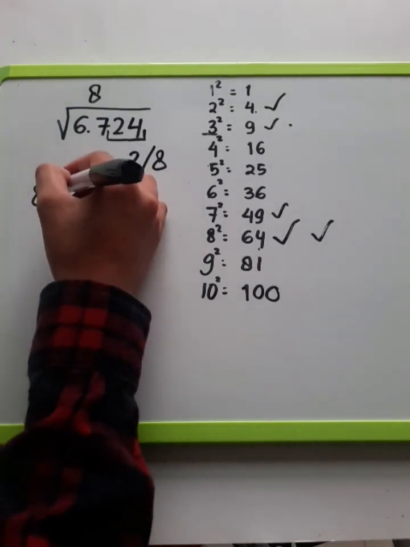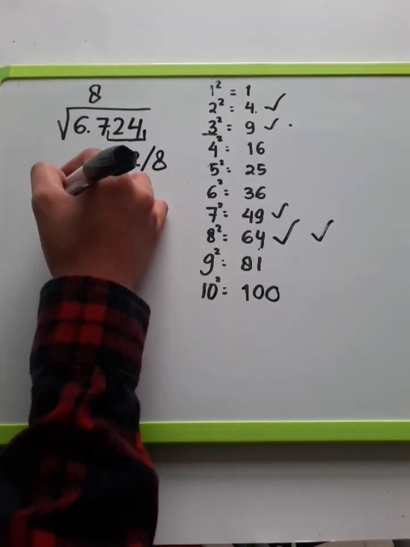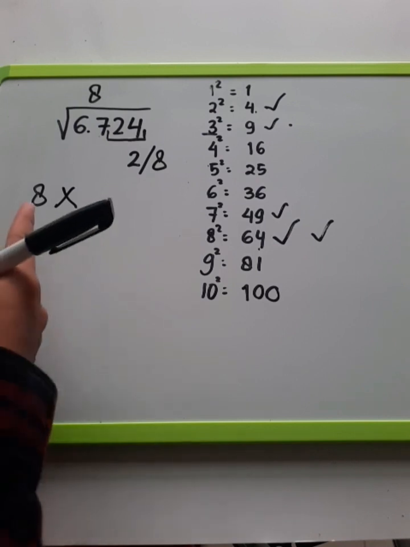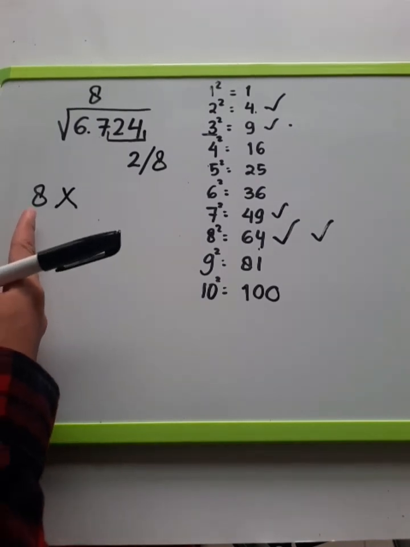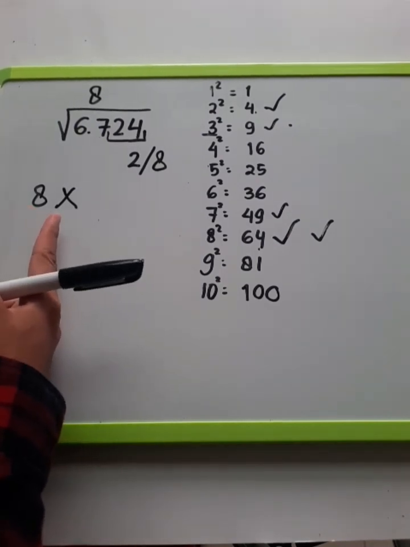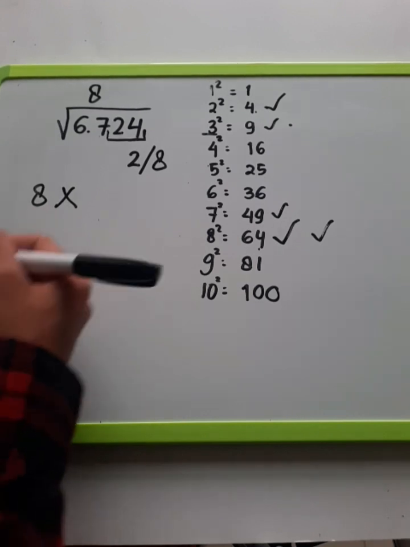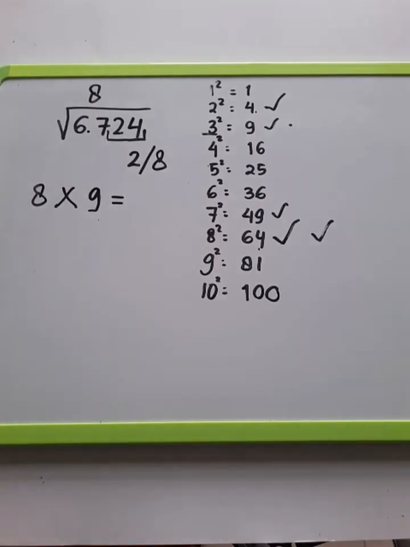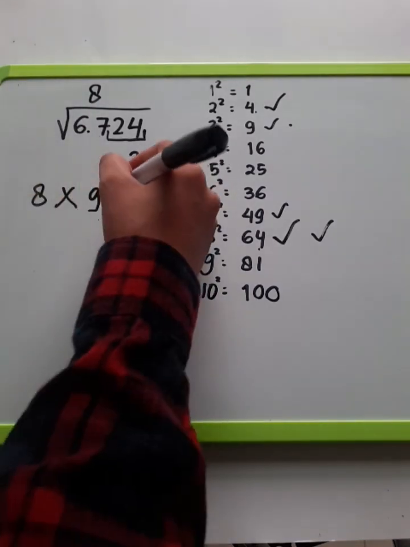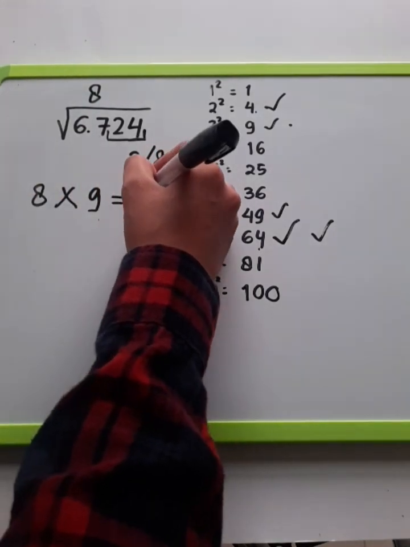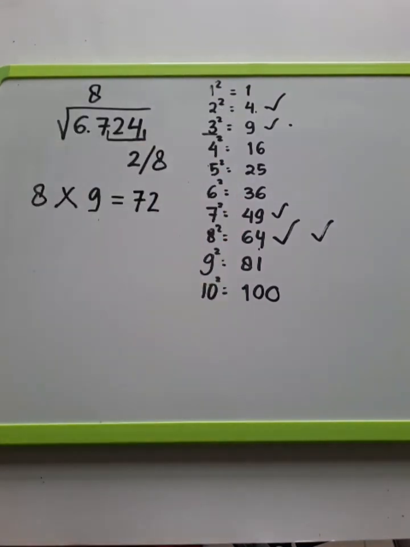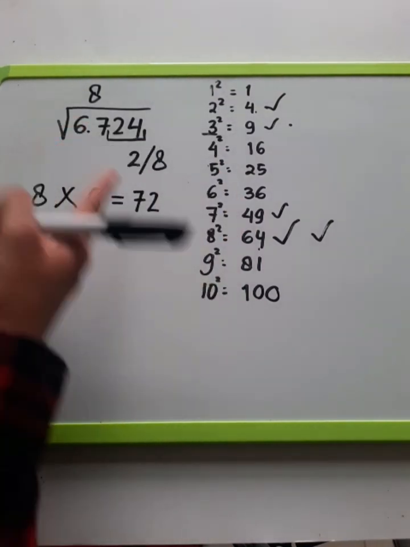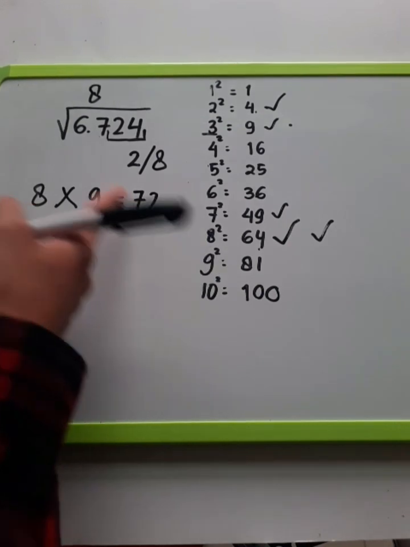And then what are the next steps? The next step is you multiply the 8 with the number after 8. What is the number after 8? It's 9. And then 8 times 9 equals 72. And then you compare 67 with 72. We focus on the 67.